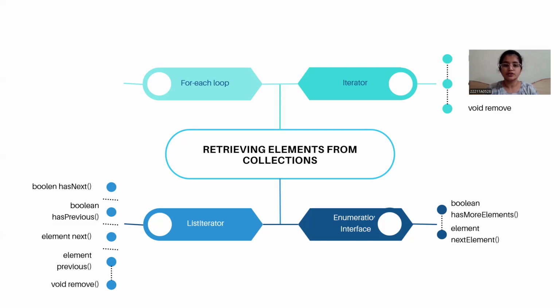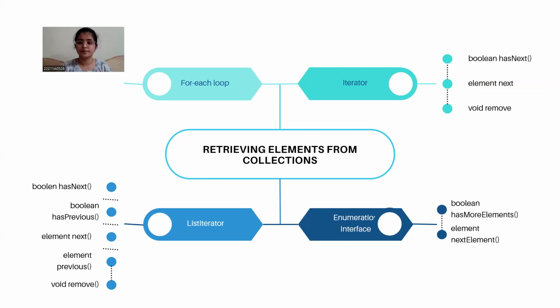And using the for each loop we can retrieve, as all of you know, the syntax. Using iterator, we are accessing the elements in the collections one by one with the help of the Iterator interface.